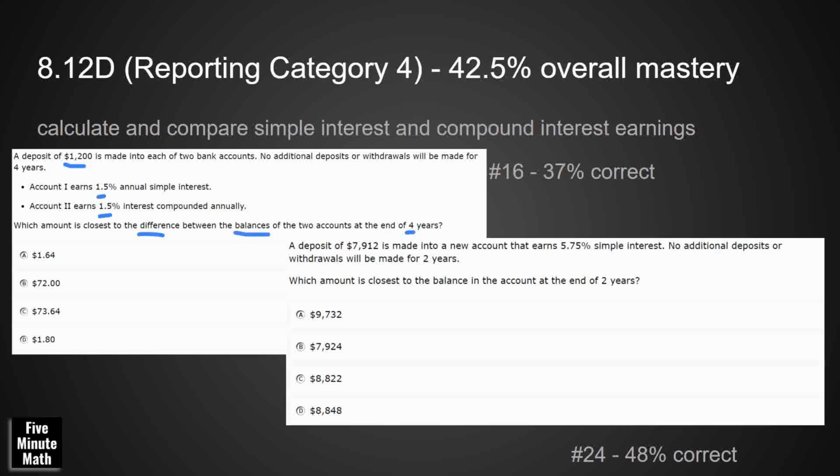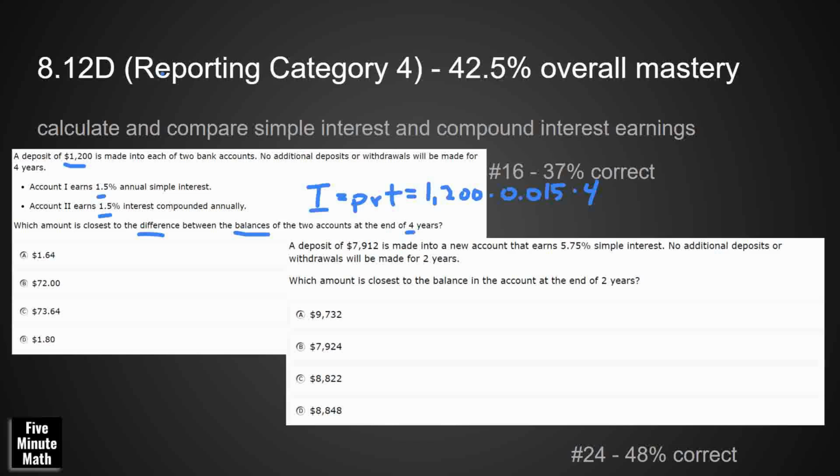Now, here's where it gets slightly difficult. When we are looking at our simple interest, all they do is they give us the formula for the interest, right? Principal times the rate times the time. So we've got 1200, that's the principal. The rate, we need to turn that into a decimal, so 0.015 times, what's our time? 4 years.